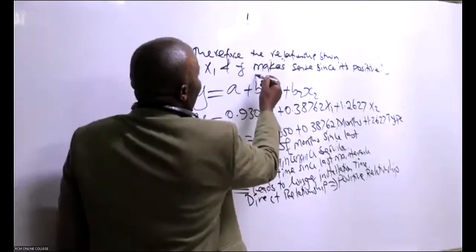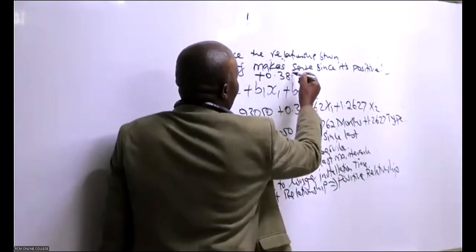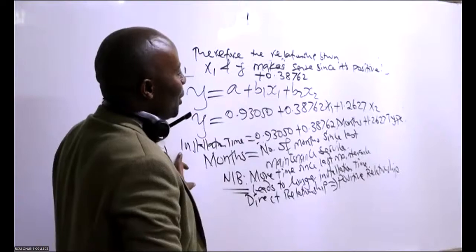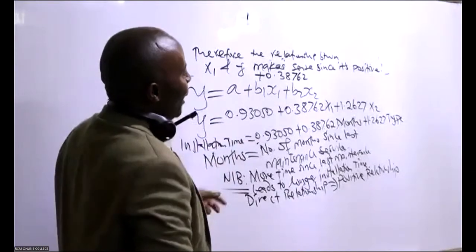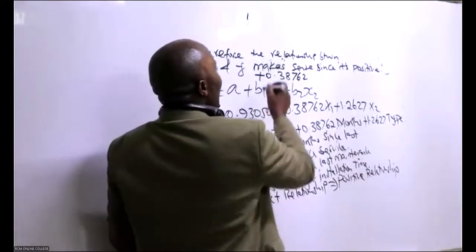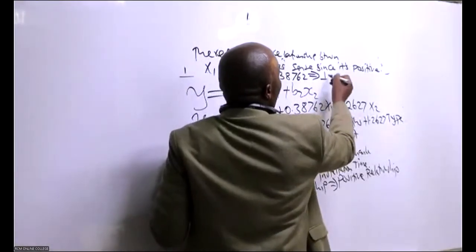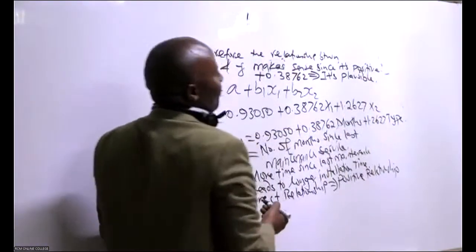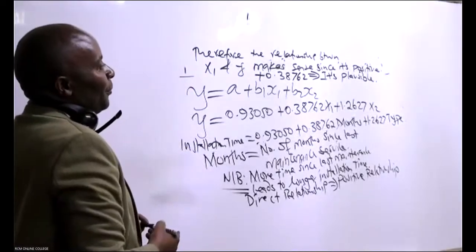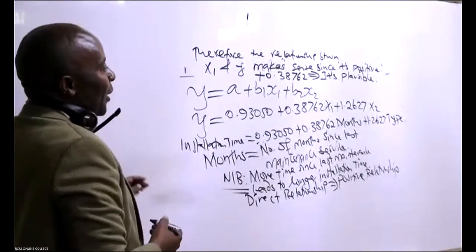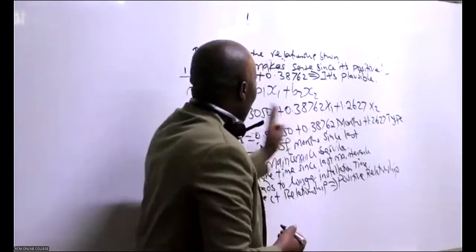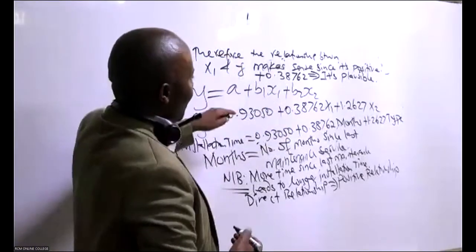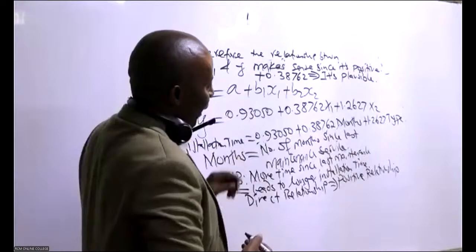We can see it is positive, 0.38762, the relationship between months and installation time. So it makes sense, and if it makes sense, we say straight away it is plausible. The relationship between x1, which is months, and y makes sense because it is positive, so it's plausible like that.